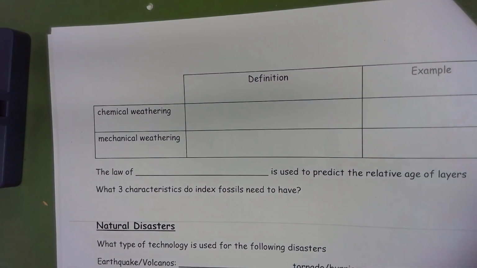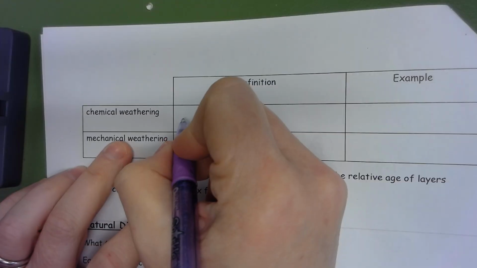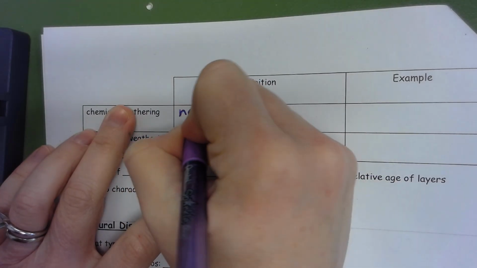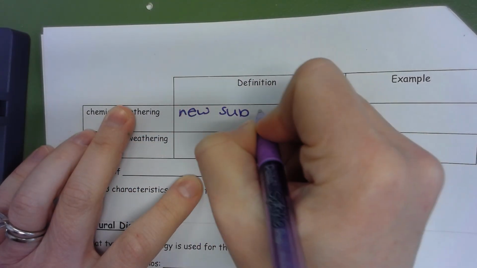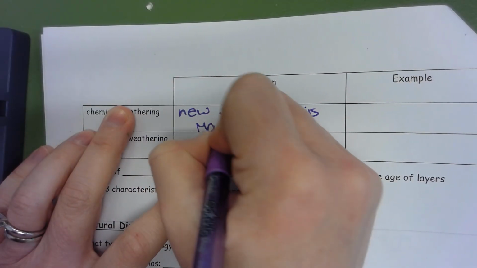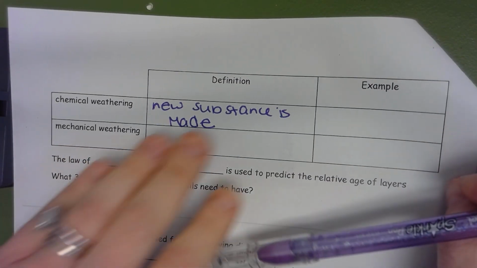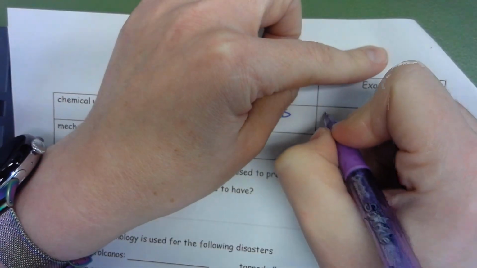All right, we're going to make definitions and examples for each. So remember, chemical weathering, a new substance is made. An example of that would be like acid rain dissolving a rock.